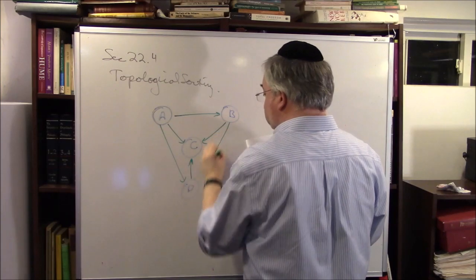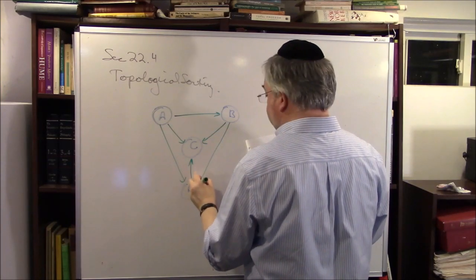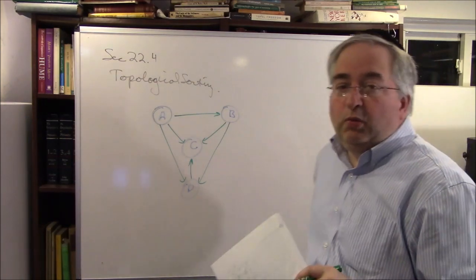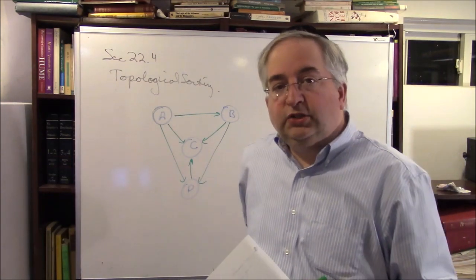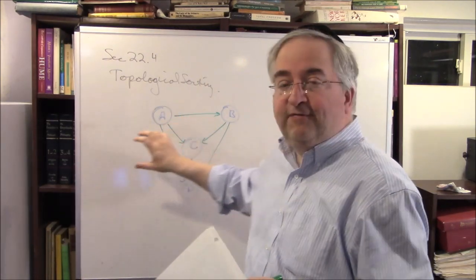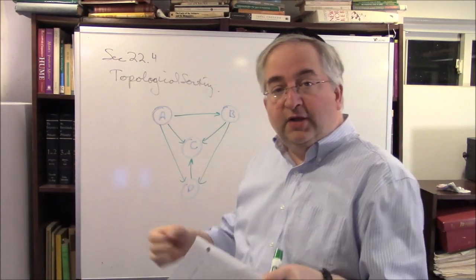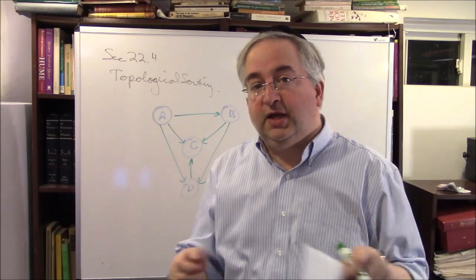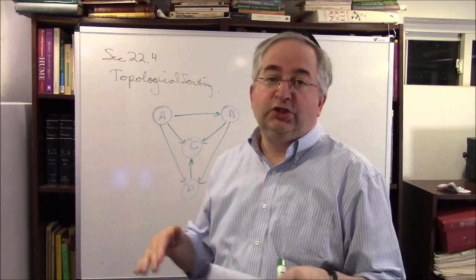Okay? Now, what we want to do is rearrange this graph. A graph, again, you can change the way a graph looks. A graph is about connectivity. It doesn't matter how you arrange the nodes.